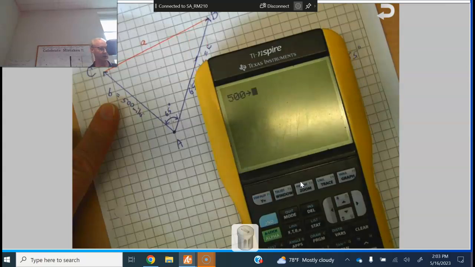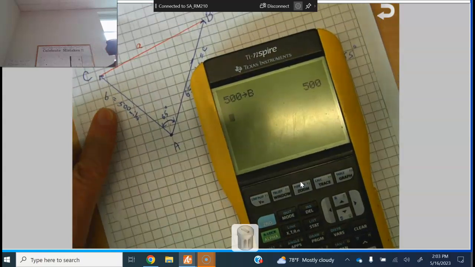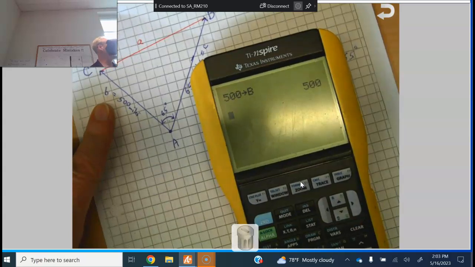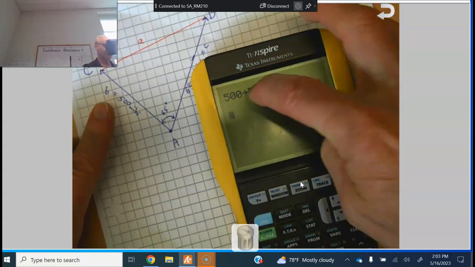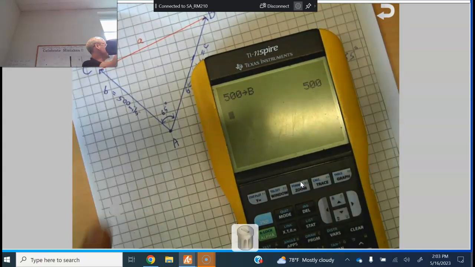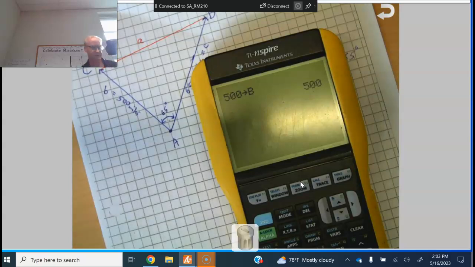Looks like a little arrow, and then I have to use alpha B. Until I change it, B is now 500. I would have preferred to use the little b, and I could have done that. It's just that the calculator is a little hard to get to. It's kind of hard to find those little ones. Put in your other values, and then we'll evaluate.